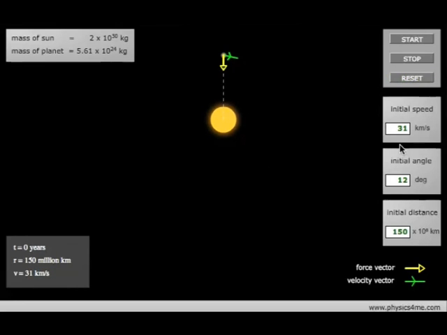Different shapes of elliptical orbits are possible by changing the initial speed and angle of the planet. For example, changing the speed to 35 gives a more elongated ellipse.